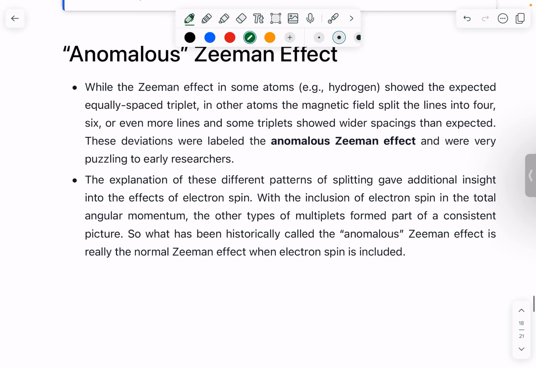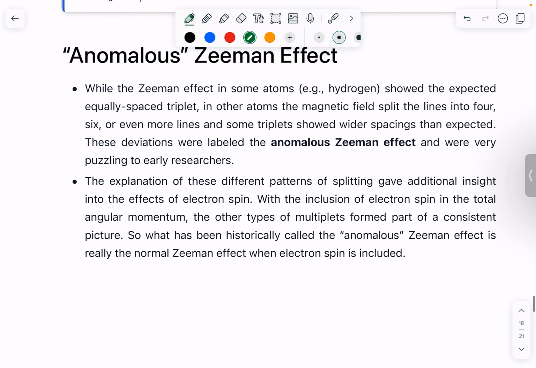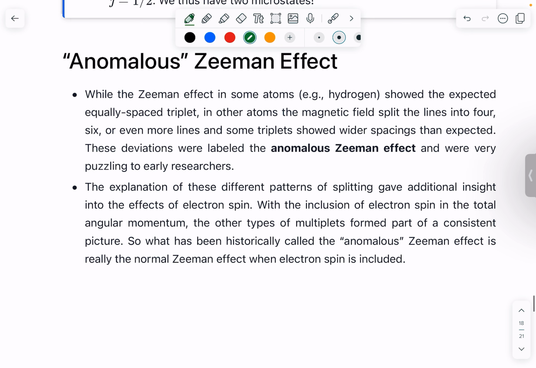So having established this spin-orbit coupling and the importance of introducing the new angular momentum J, what does this do for us in terms of interpreting the atomic spectra, the electronic spectra of hydrogen atom and other atoms? This allows us to explain the anomalous Zeeman effect. So the normal Zeeman effect was that you put it in an external magnetic field, and your energy levels were split.